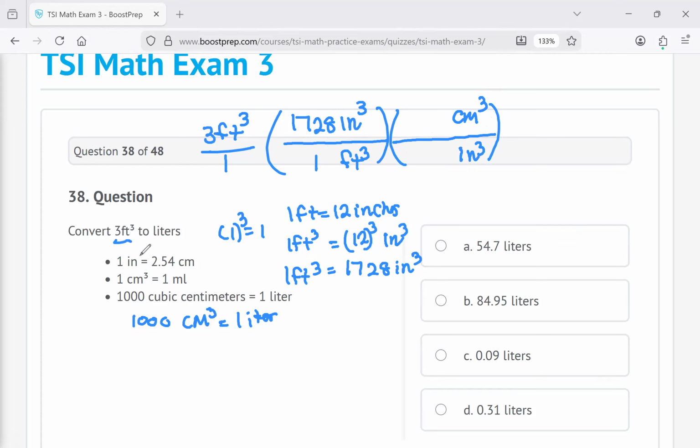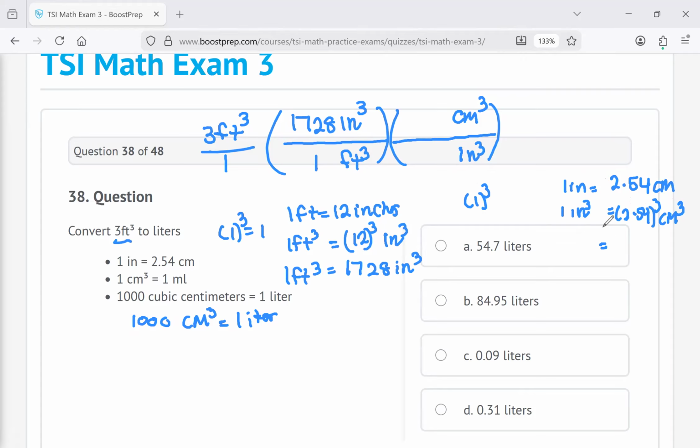But be careful, we have it in inches and centimeters, not inches cubed and centimeters cubed. So 1 inch equals 2.54 centimeters. That's given. But we want it in cubes, so 1 inch cubed, the same thing as 1 to the third, is still one. And then we raise this to the third. 2.54 to the third gives us centimeters cubed.